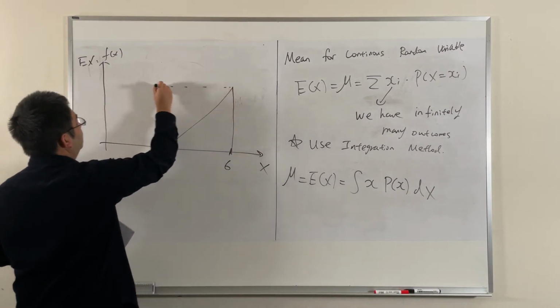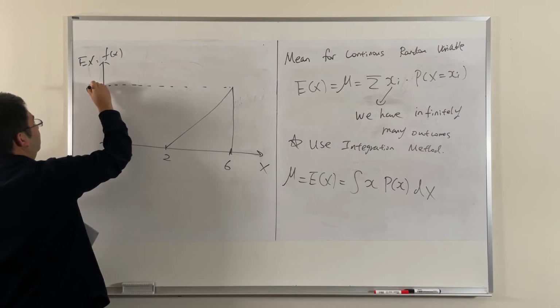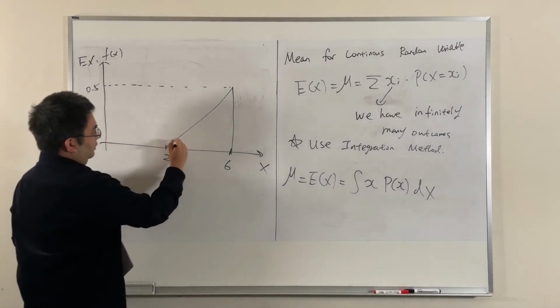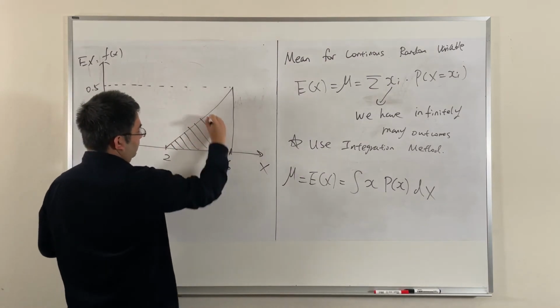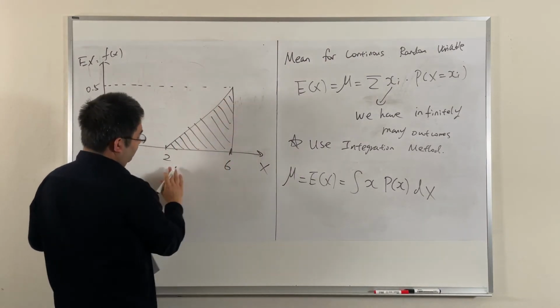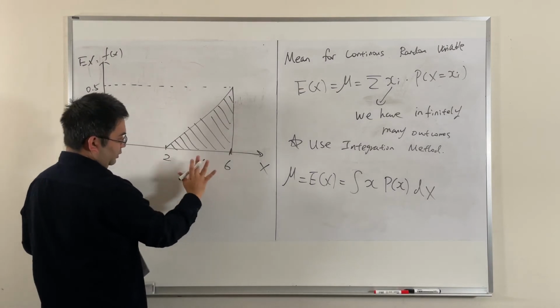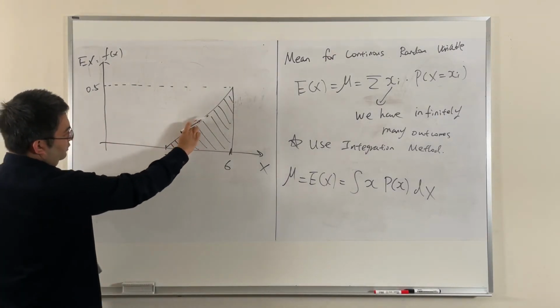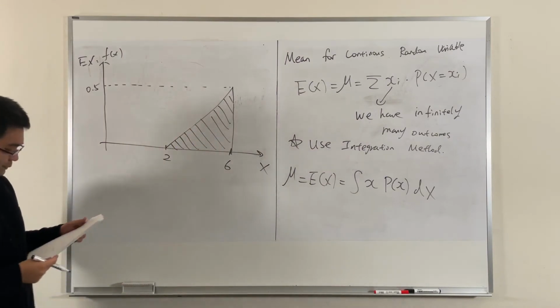And this one is 0.5. This is the area we're looking at, right? So any value between 2 and 6 is a possible outcome in this case, and the height for each single value is the PDF.